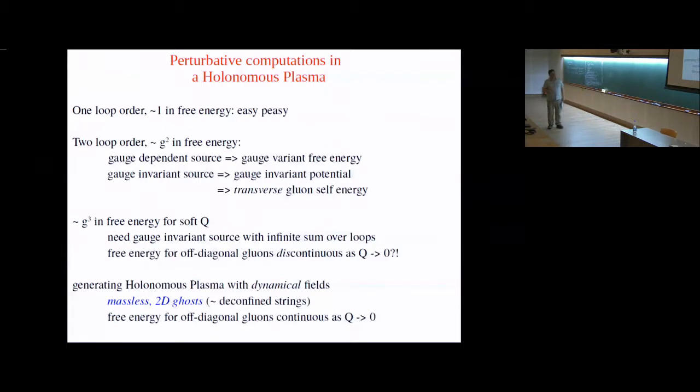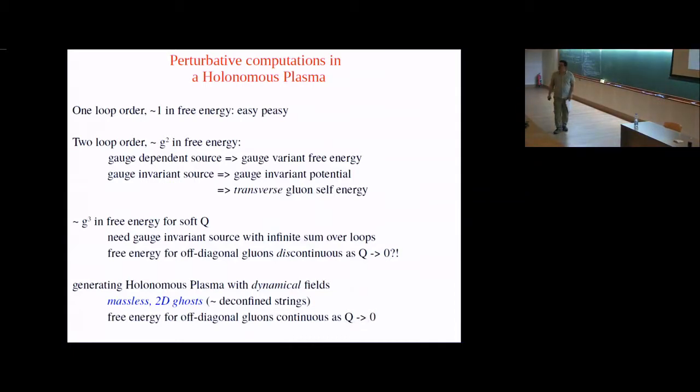And we find a very peculiar result that the free energy for off-diagonal gluons is discontinuous as the holonomy vanishes. It's a preposterous result. It can't be right. It's just bizarre. If we generate non-trivial holonomy with dynamical fields, then everything behaves smoothly as the holonomy turns off. I'll give a particular example of massless two-dimensional ghosts, but this is an illustrative example, and I'm not arguing that it's evidence that these fields have to be there.